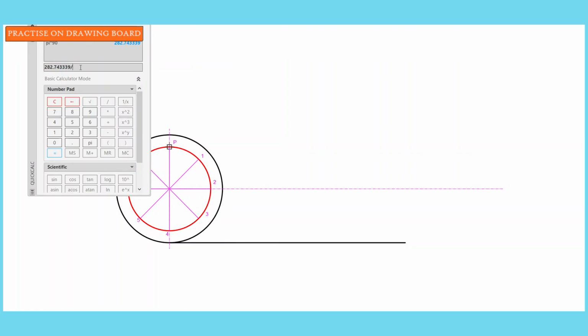Now we'll divide the central line, 282.74, into 8 equal parts because we want 8 centers. That will give us 35.34.